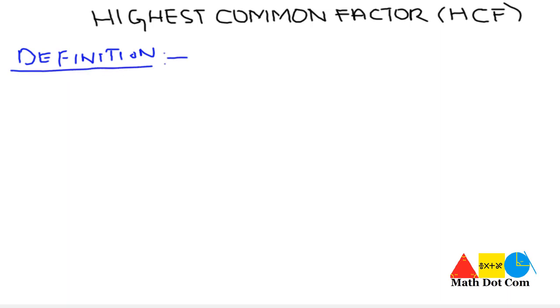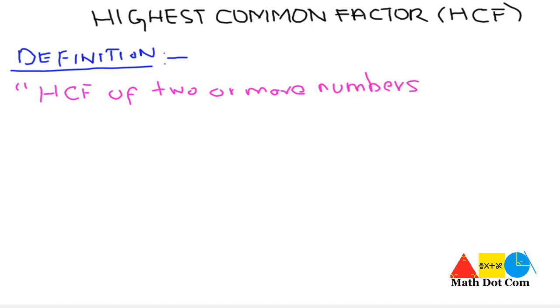So, it is defined as: the HCF of two or more numbers is the largest common factor.